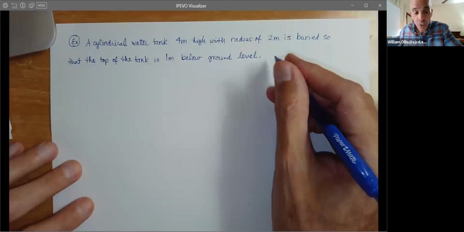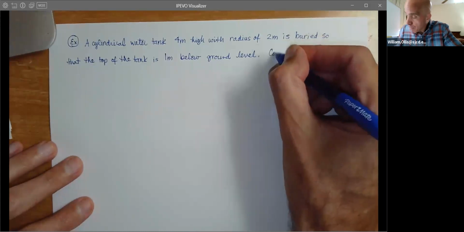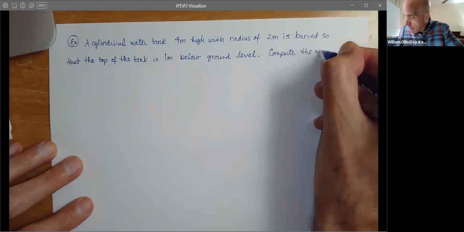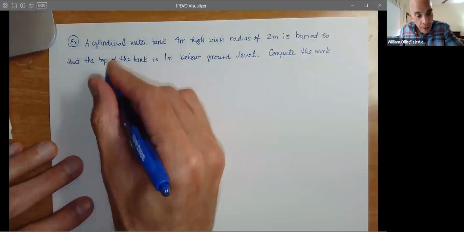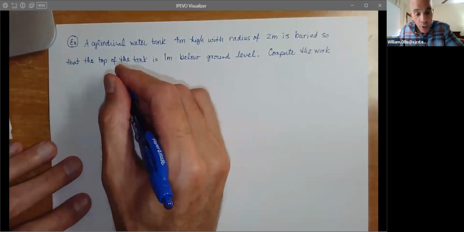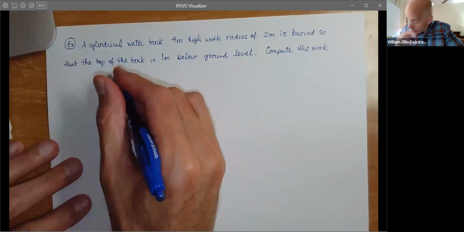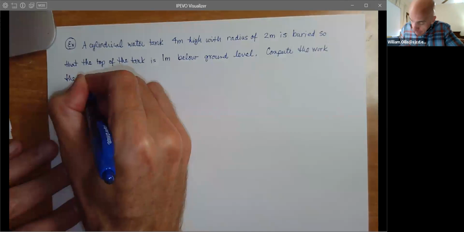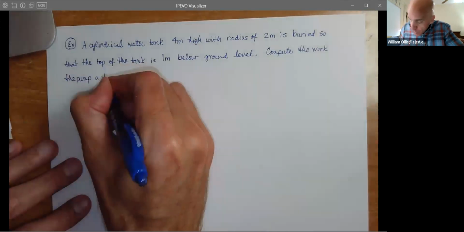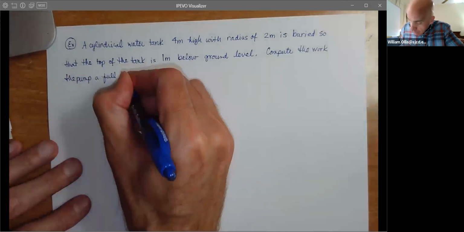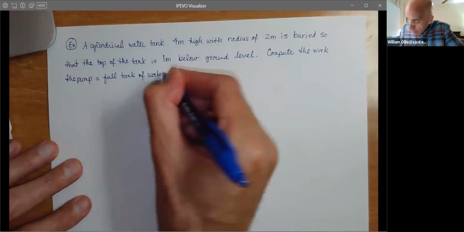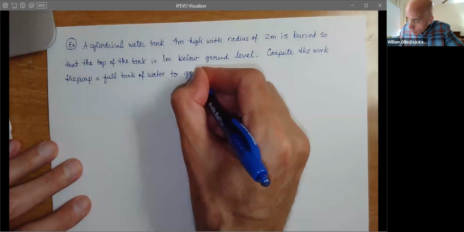And we want to compute the work to pump a full tank of water to ground level.